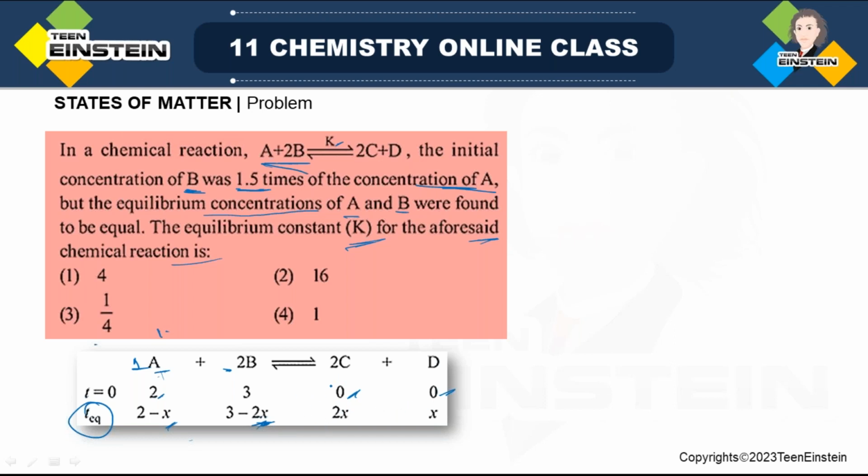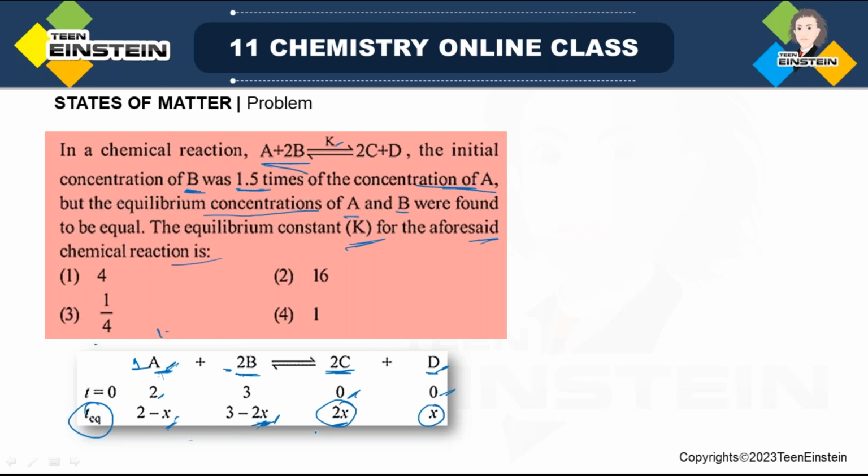But now again compare the coefficients. With respect to A, C is double. That means if x is consumed, obviously 2x of C will be produced. With respect to A, D is 1:1. So if x moles of A are consumed, x moles of D will be produced. You can also consider from the point of view of B: 2B to 2C is also 1:1.